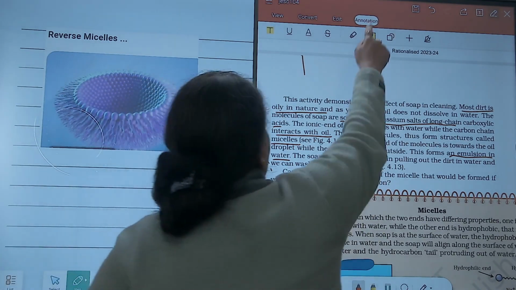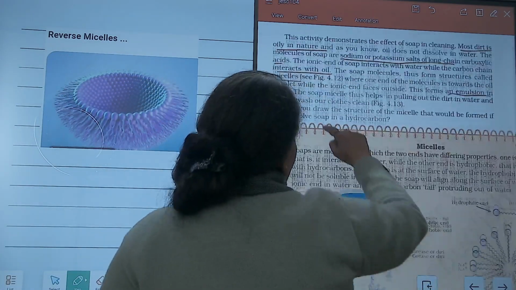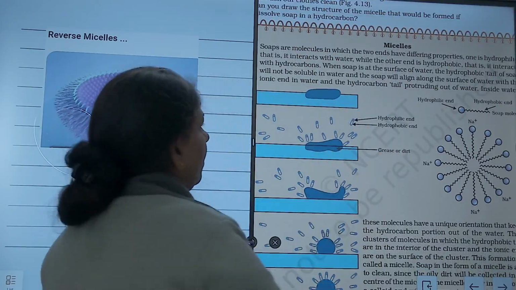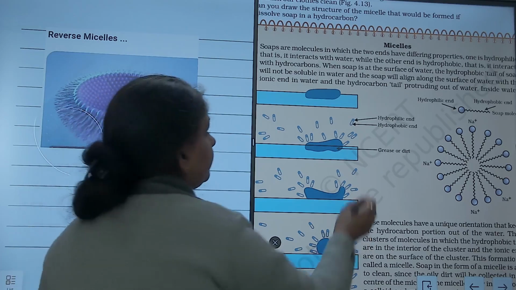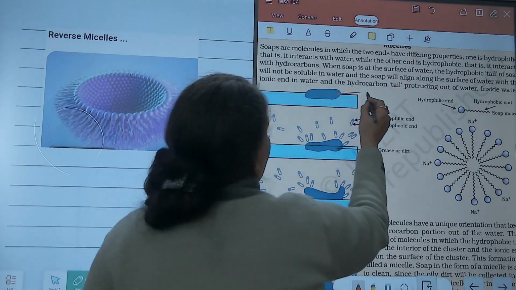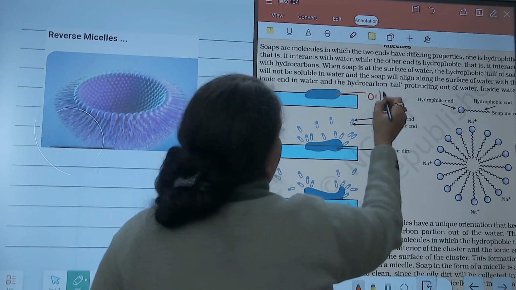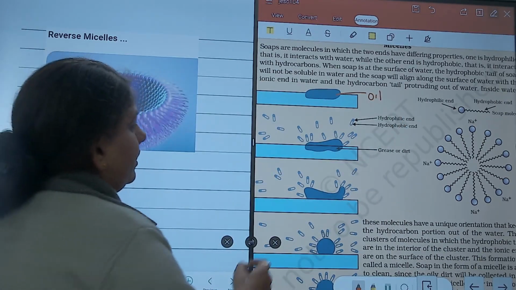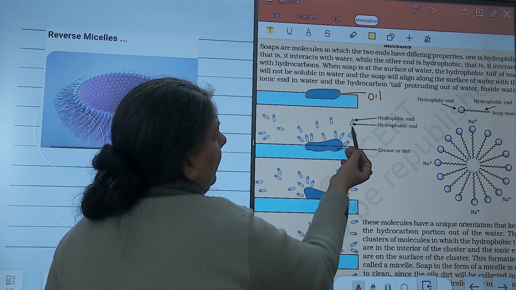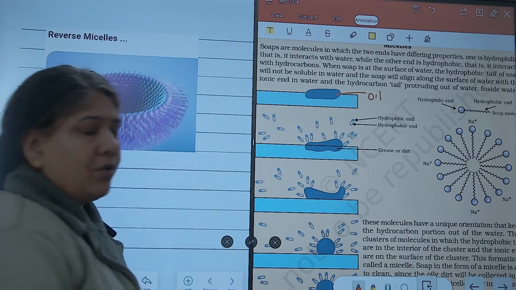So here also we can see the action of soap. See, this is oil or dirt that is present, and the soap molecules, this is the hydrophilic part and the tail is hydrophobic.